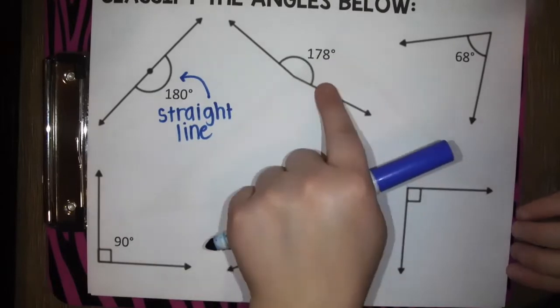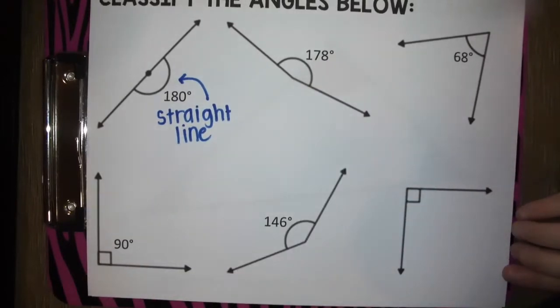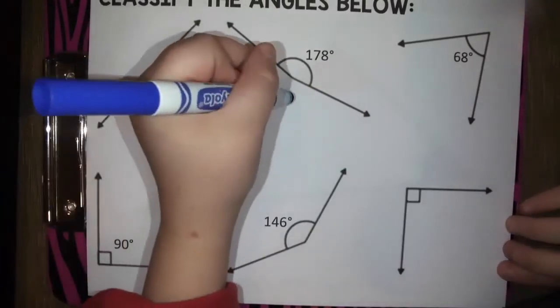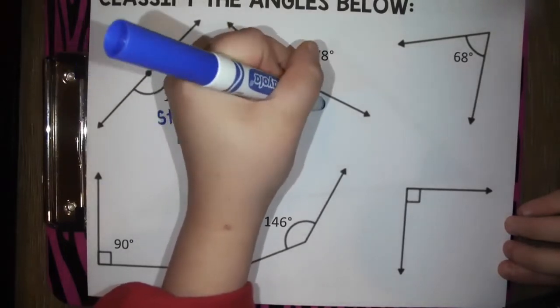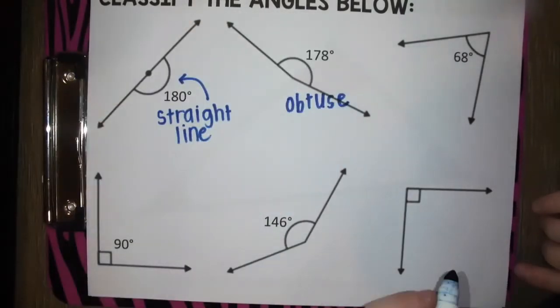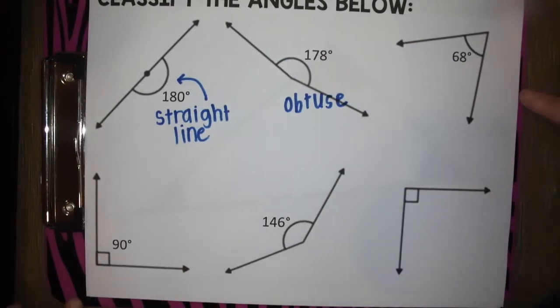Next one, we have a 178-degree angle, and this is going to be classified as being obtuse. It is obtuse because it is greater than 90 degrees, but less than 180.